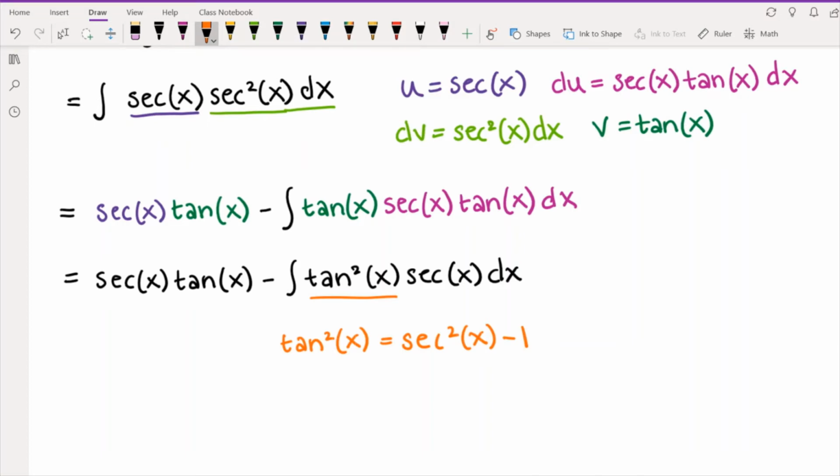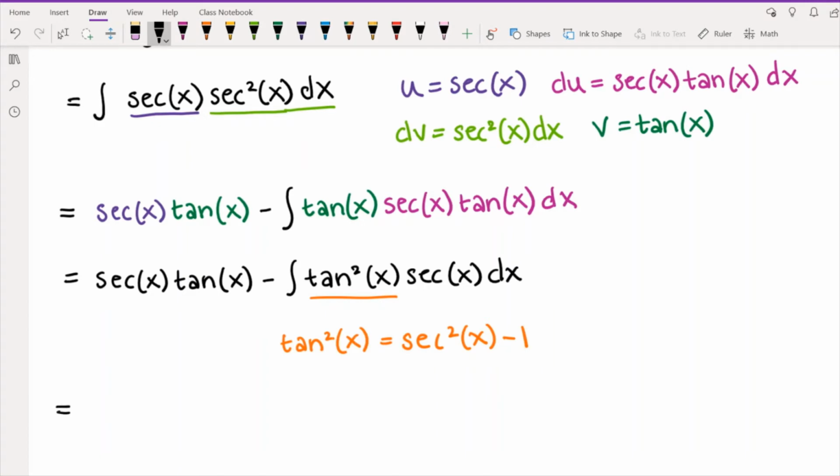And so why is that? Well, because that will leave us with an integral that only has secants. However, we'll see that once we distribute this secant squared of x minus 1, we're going to get back to our original integral. And so this is actually going to be one of those ones where you end up with two of the same integral and you add it to the same side and use that to find the value of the integral.